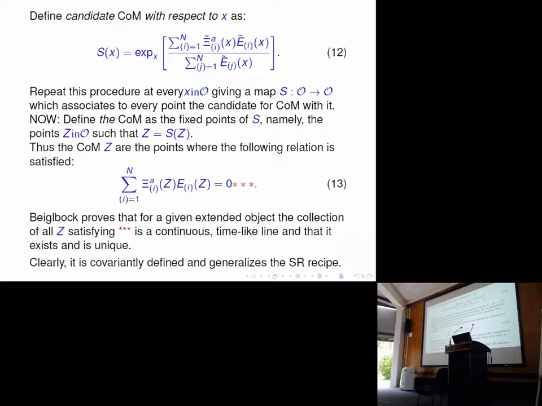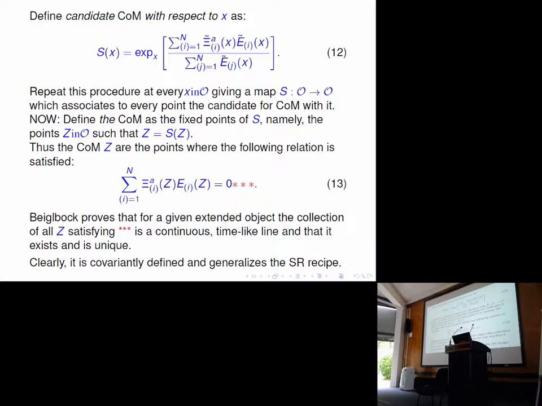And then the points that satisfy this recipe are points that are on the center of mass world line, and Beiglbock has shown that this recipe, in fact, generates a continuous time-like curve, which is generically not the geodesic of the underlying metric. However, we feel that this is the natural definition of the effective geodesic of the spacetime that you would obtain by probing it with objects of this size.